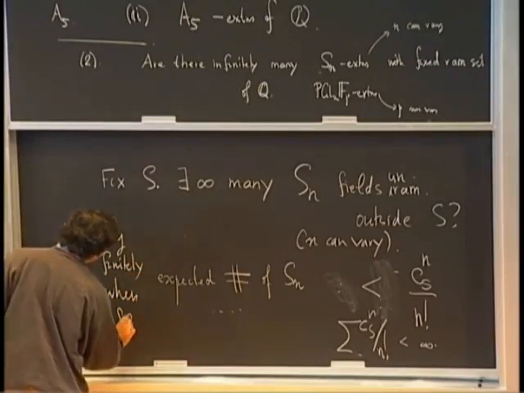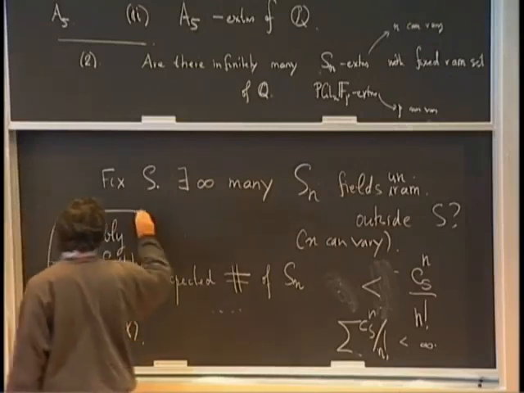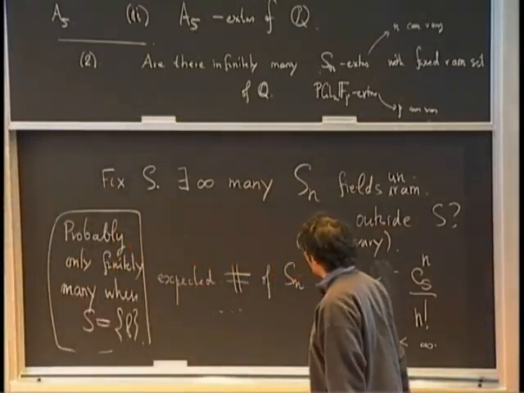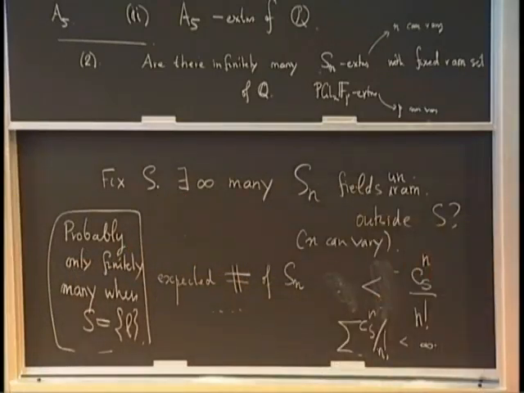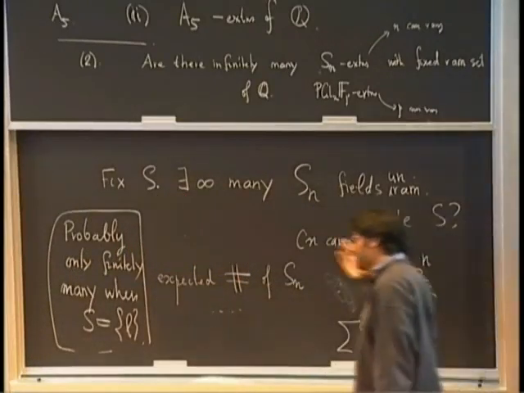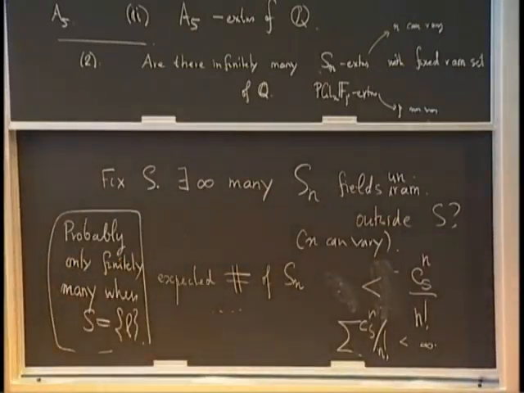But I no longer believe that there are always only finitely many. When S is 2, 3, and 5, I think there probably are infinitely many such fields. I don't know, but clearly there's something very interesting here to understand.